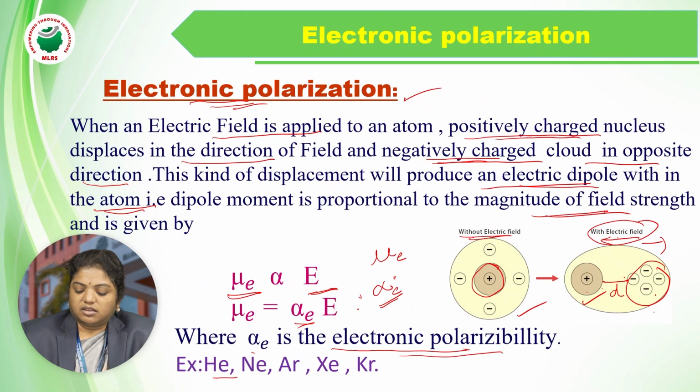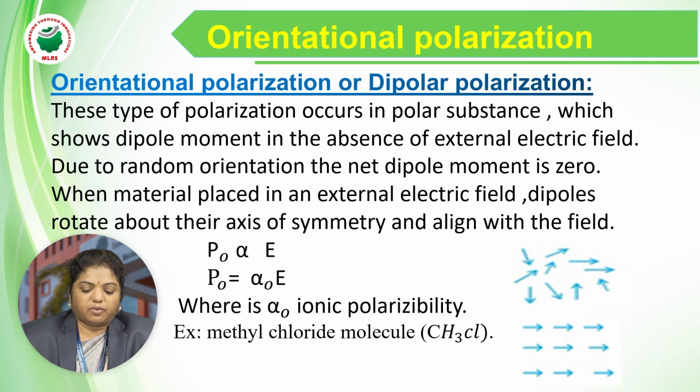Here too we apply an external electric field only. The basic definition of polarization explains it in the presence of an external electric field. So whenever we apply the electric field, how do we observe the polarization?